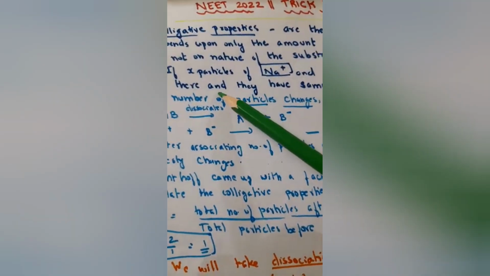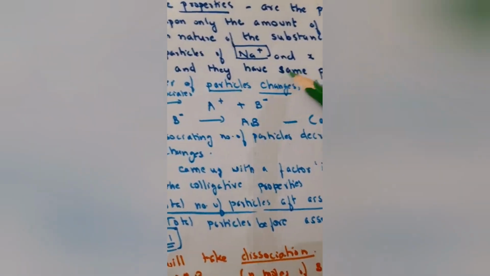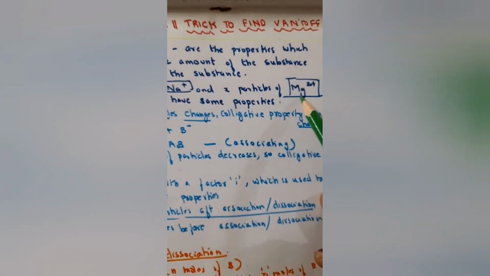Now suppose we consider one scenario here: X particles of Na+, that is sodium ion, and X particles of Mg2+, that is magnesium ion.